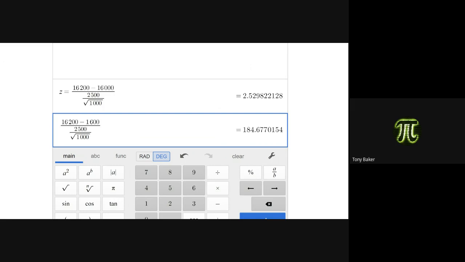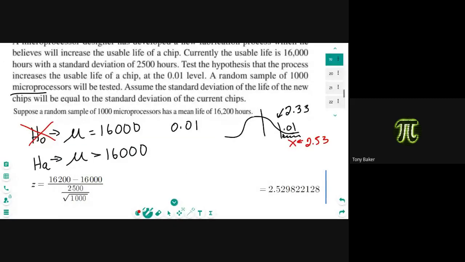There we go. That's the sample mean. That was the one that wasn't there. Oh, I should share back that screen. There you go.